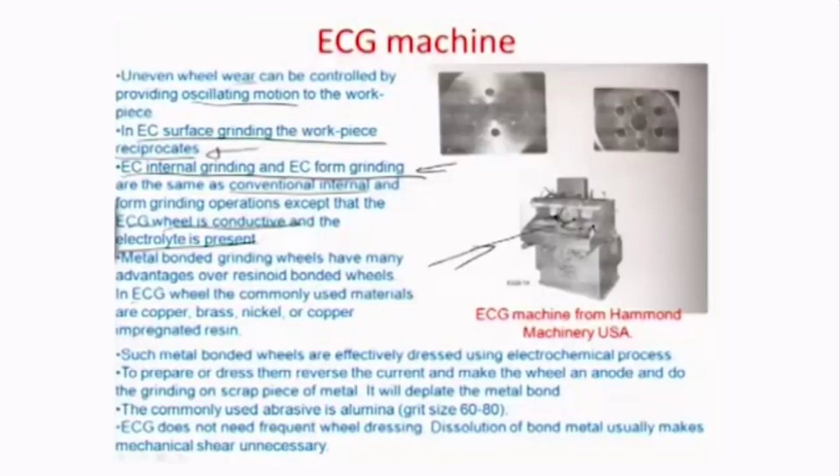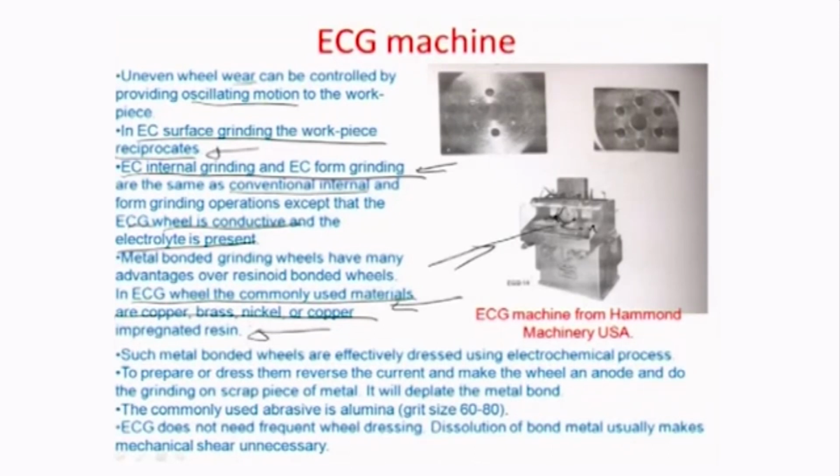So therefore there is a tendency of those wheels to have long lasting effects, because resinoid otherwise needs a frequent amount of dressing, which this process will not. So the ECG wheel again commonly uses materials that are copper, brass, nickel, or copper impregnated resins for the purpose of making the grinding wheel.